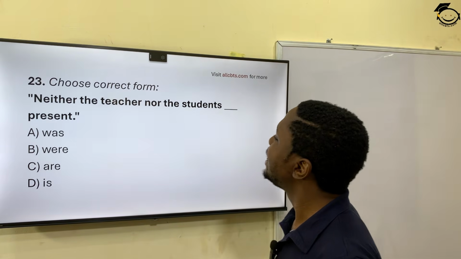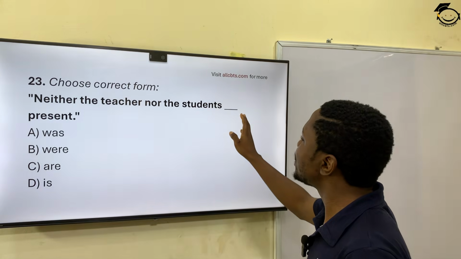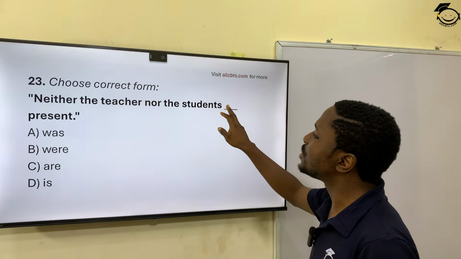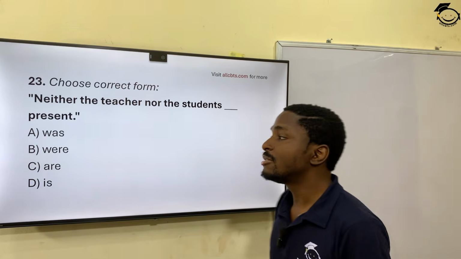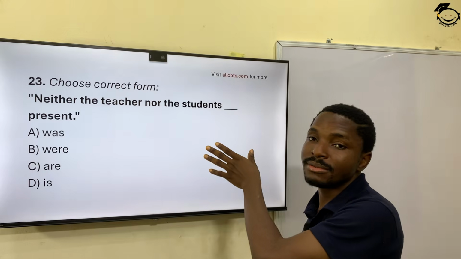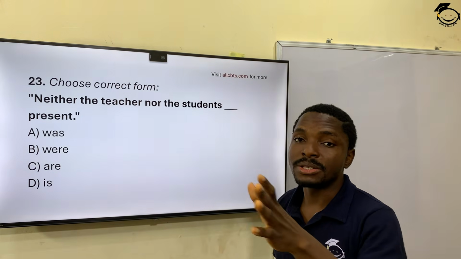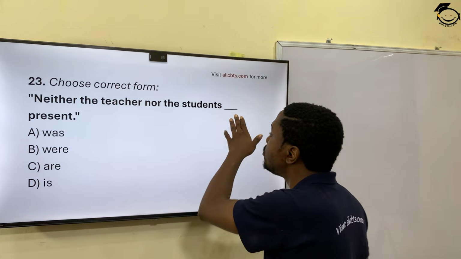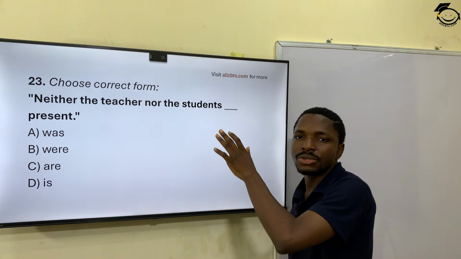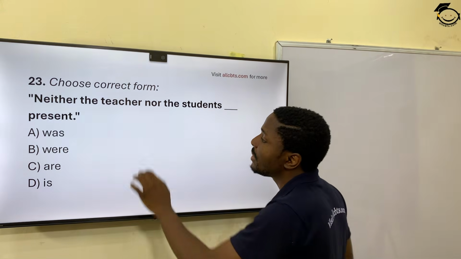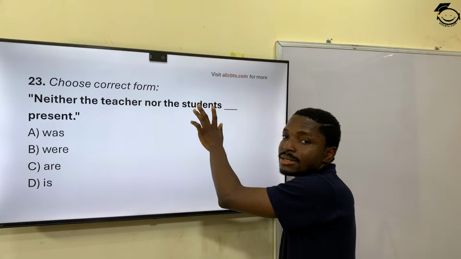23. Neither the teacher nor the students dash presents. Now this is a subject-verb question. The rule of subject-verb expressions is that the verb will always agree with the nearer subject. How many subjects do we have here? We have two subjects: the teacher and the students.